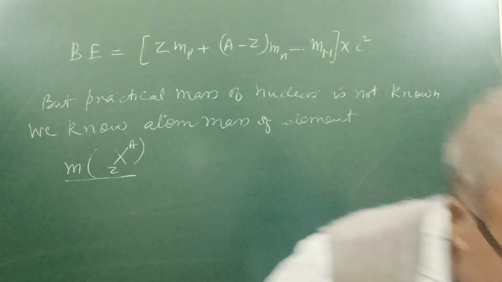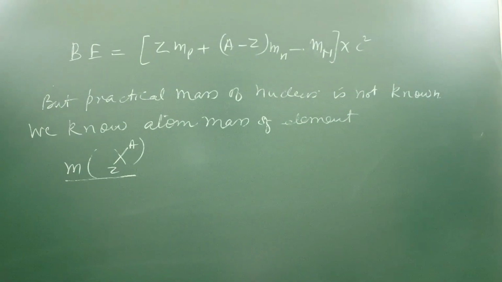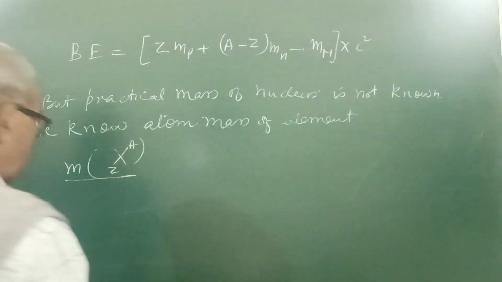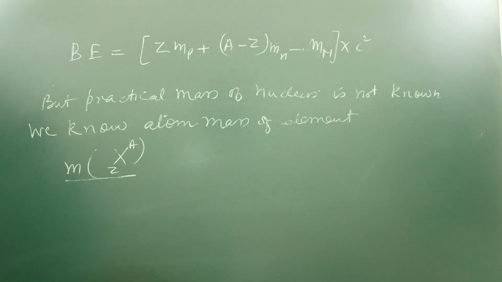This atomic mass M(Z X A) consists of the mass of nucleus and the mass of Z electrons and the mass equivalent to the energy which binds the electrons with the nucleus.